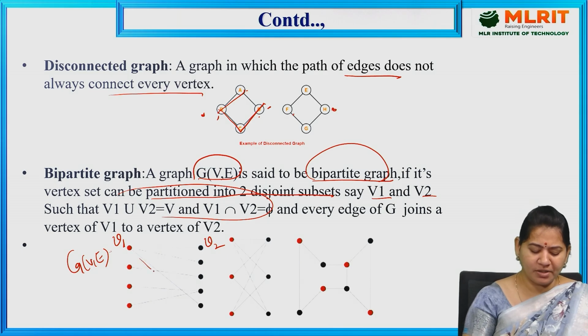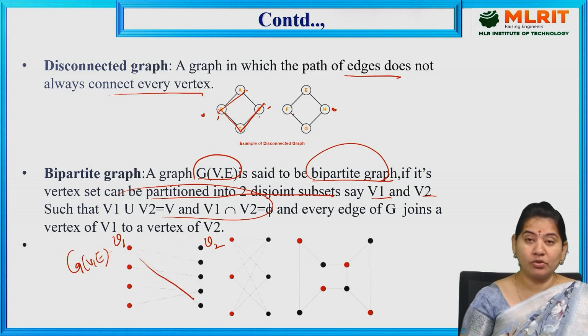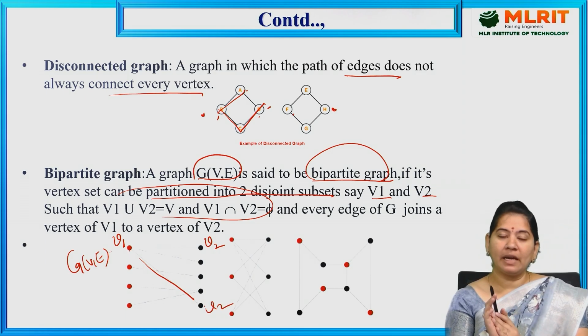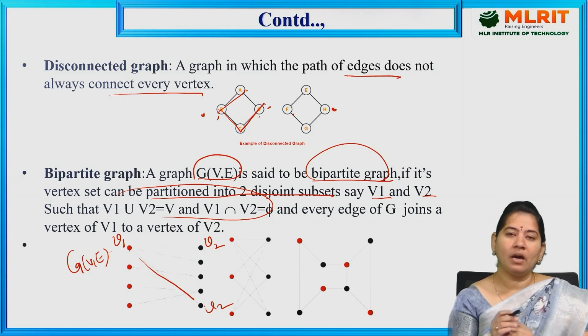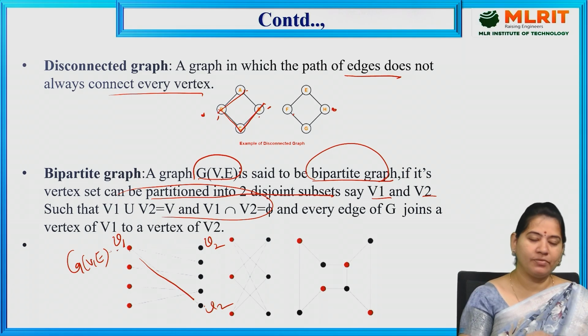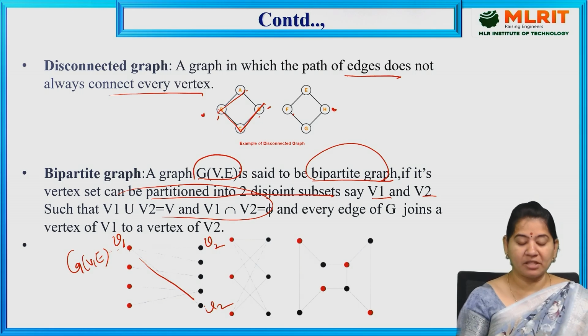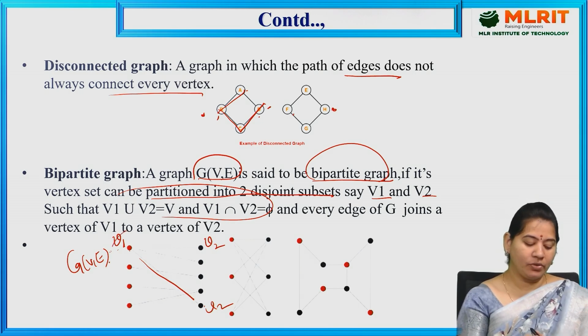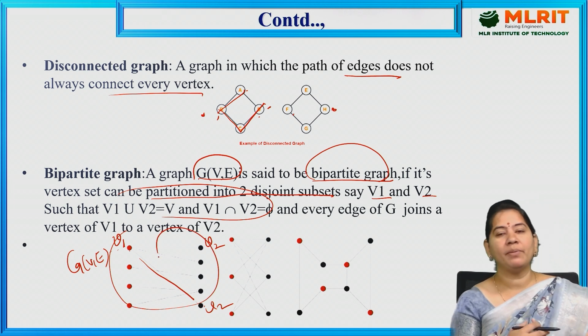every edge of G means what? This is one edge. It must join the vertex V1 and vertex V2. Means whatever edge you are drawing, out of the two endpoints, one endpoint must be a vertex in V1 and another endpoint must be a vertex in V2, in the same graph. Like this, we can say this is called bipartite graph.